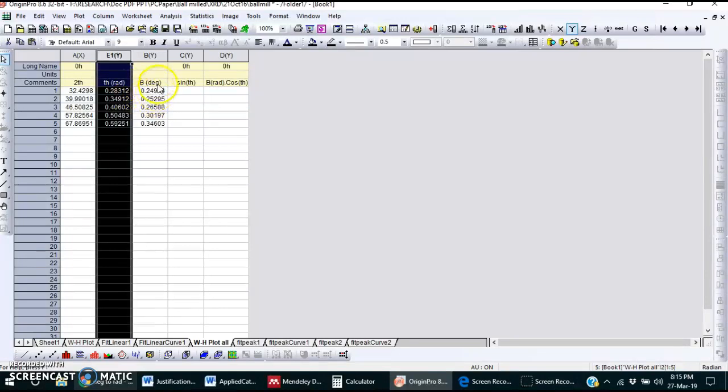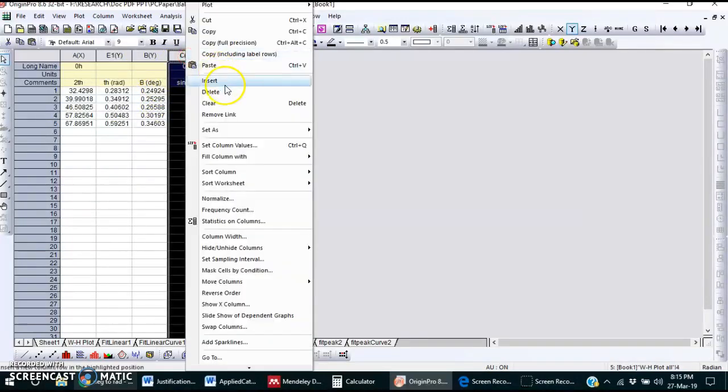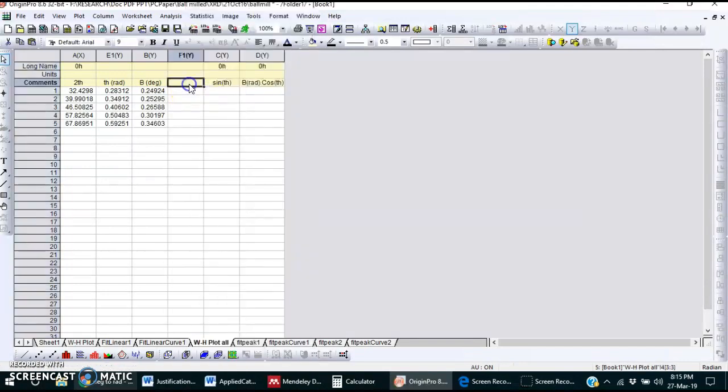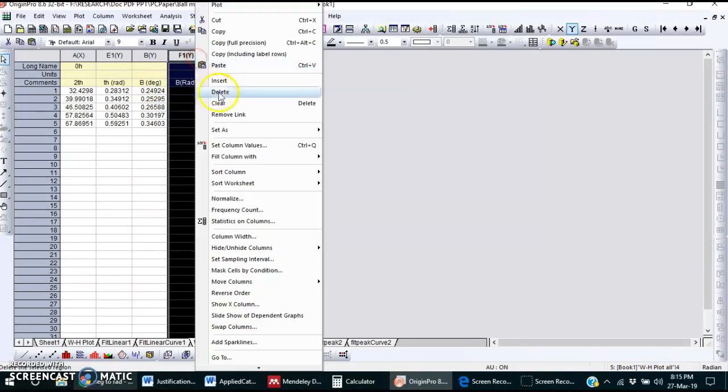So this is beta in degree. Insert a column here. Now beta in radian. How will we convert it?